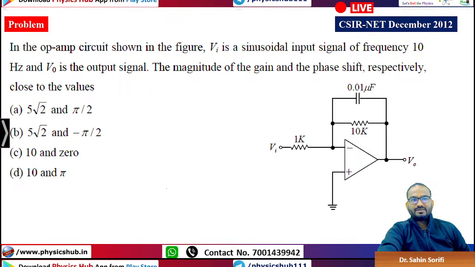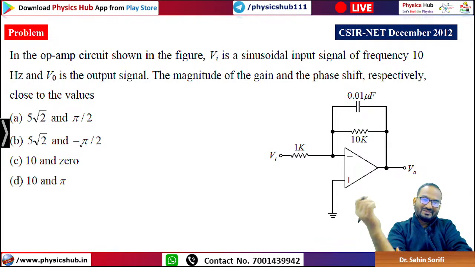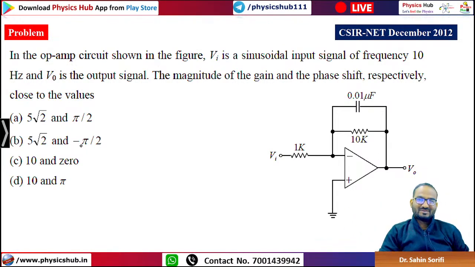This is the problem we have. In the OPAMP circuit shown below, a sinusoidal signal of frequency 10 Hz is applied and Vo is the output signal. What are the magnitude of the gain and the phase shift, respectively, close to? Your query has been given in the form of a question. Now you see a combination of resistor and capacitor.